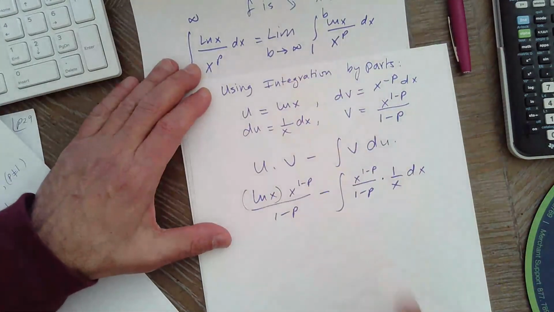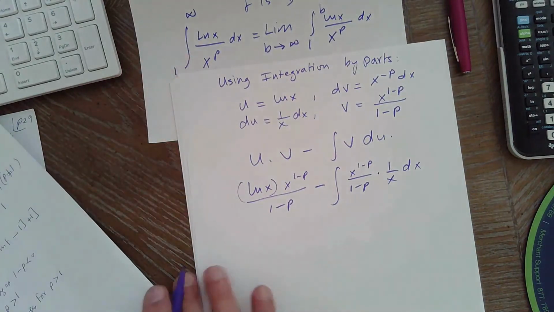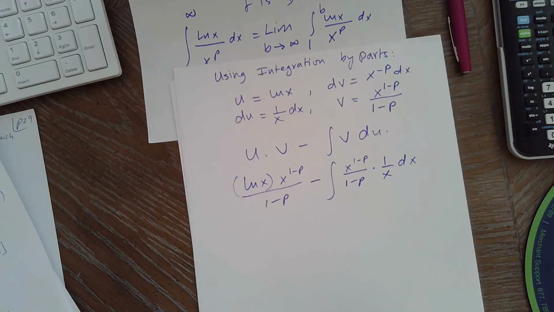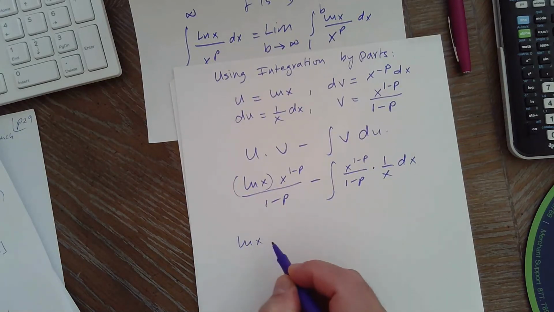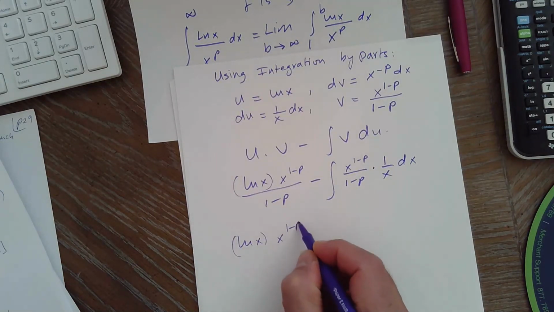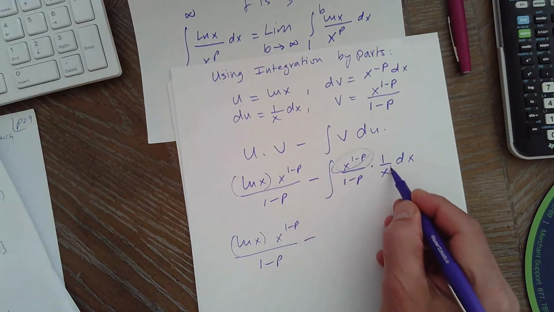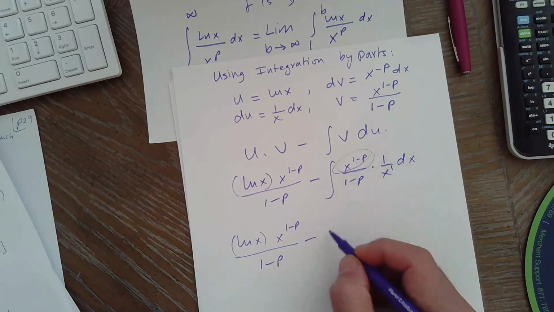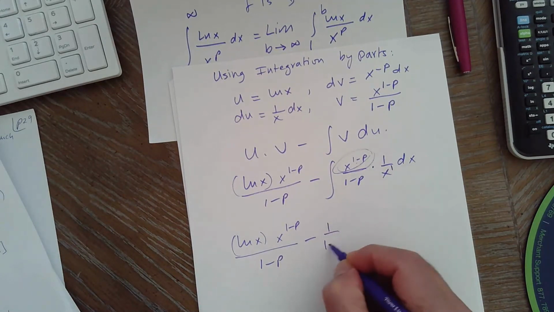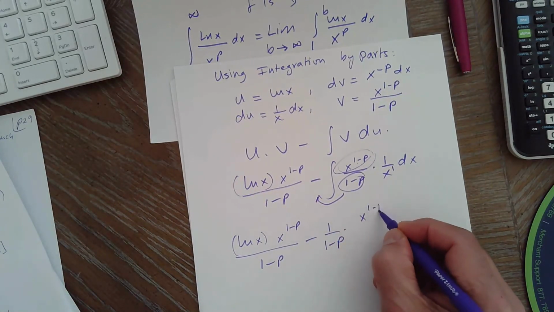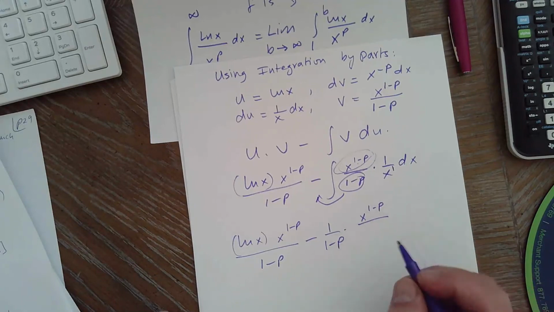I'll bring the limit back. Let's just work this out first. This would be ln of x times x to the 1 minus p over 1 minus p, minus, if you do the 1 minus p minus 1, it's going to be negative p. So it's 1 over 1 minus p, bring that out, times x to the negative p plus 1 over negative p plus 1.